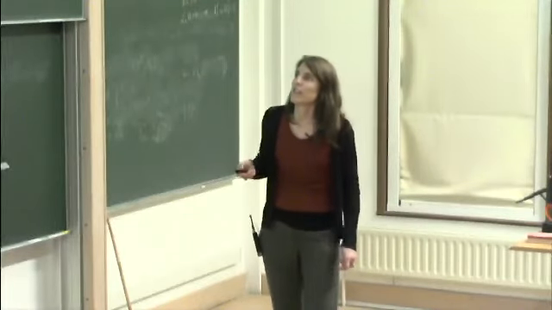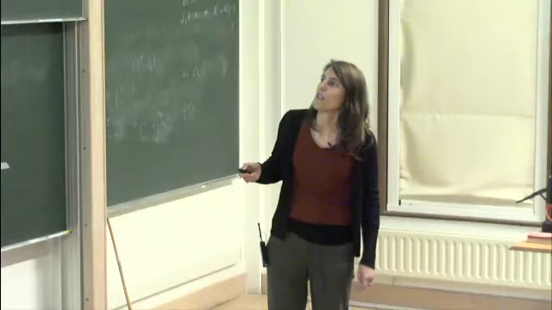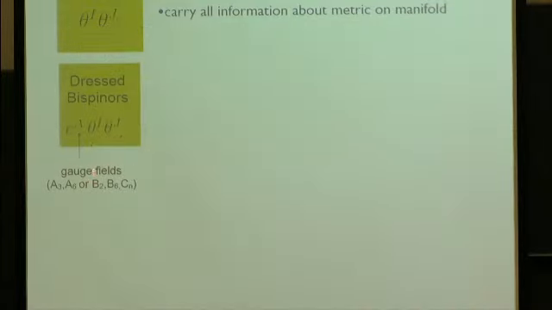And then one can construct these dressed bispinors, which is rotating these spinors by the action of the gauge fields. And for these dressed bispinors, the gauge fields, if we're talking about M theory, will be A3 and A6. If you're talking about type 2, this will be B2, B6, and Cn. And this is e to the A, we'll see later, in the adjoint of E7.